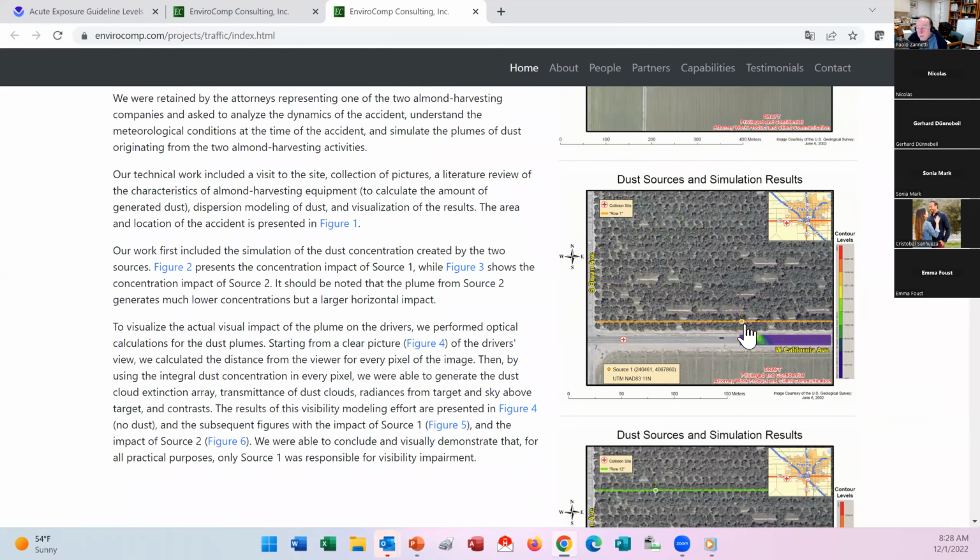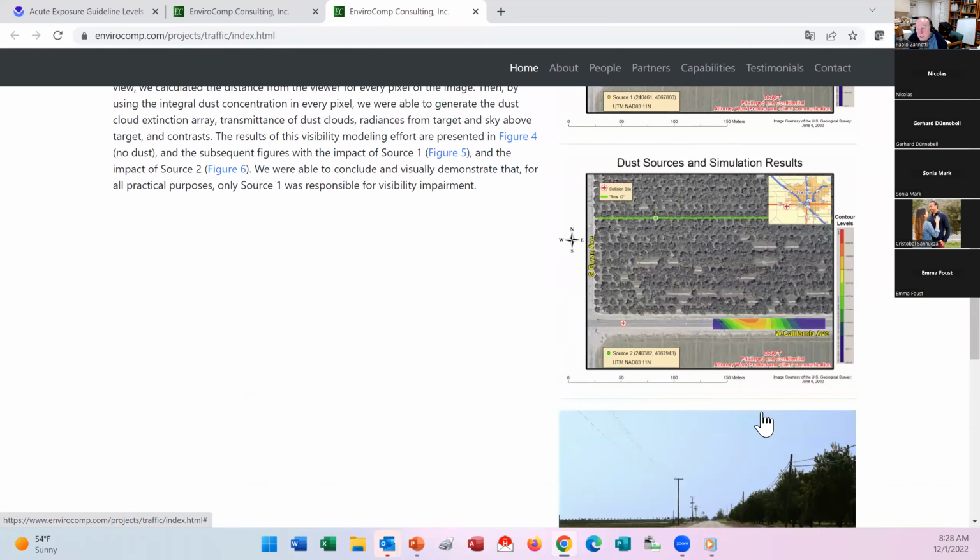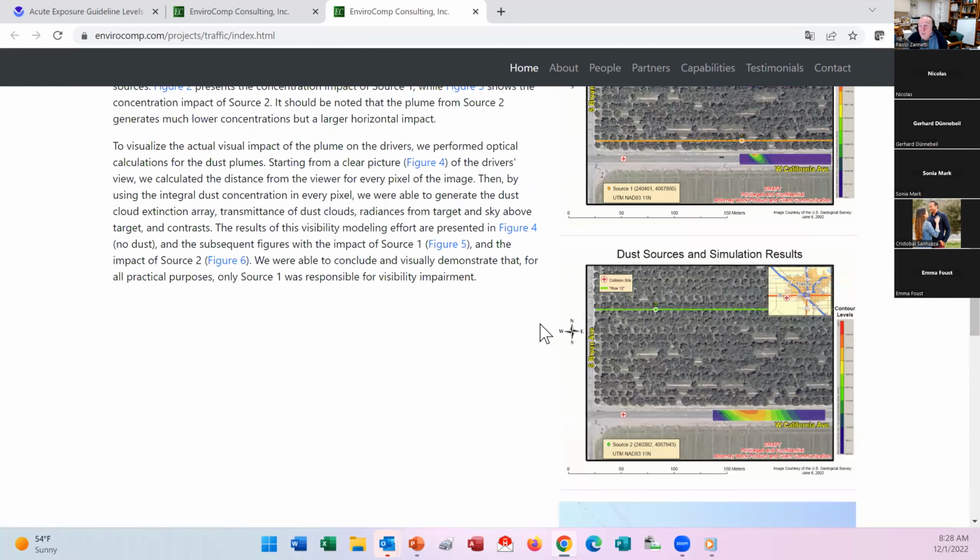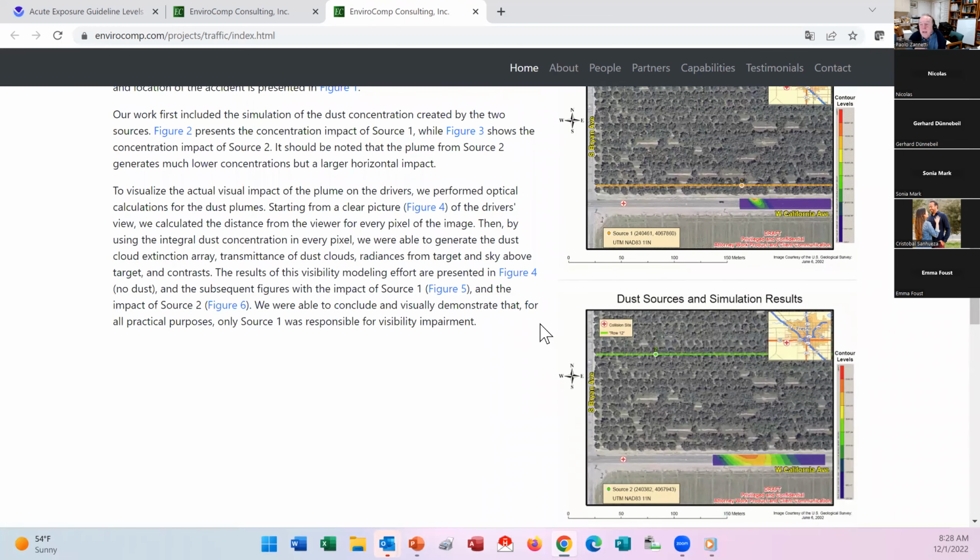Of course, the machine closer to the road is giving a very strong, high concentration, but a narrow plume. And the machine far away from the road is giving lower concentration, but a larger plume. These were my results. I presented the result and they said, thank you very much, but I want to see the visual impact of the dust.